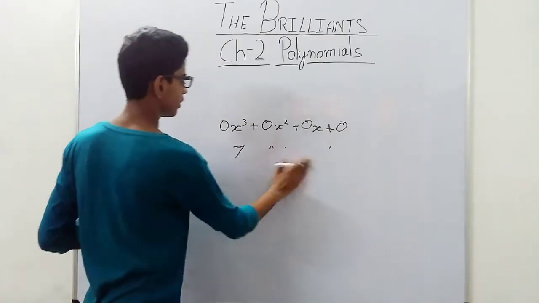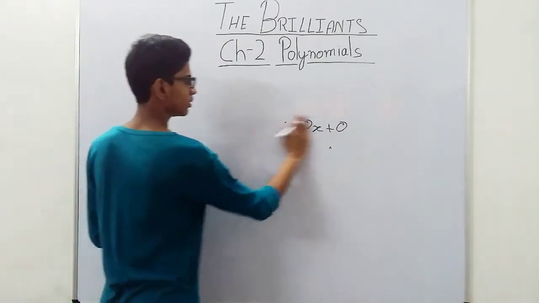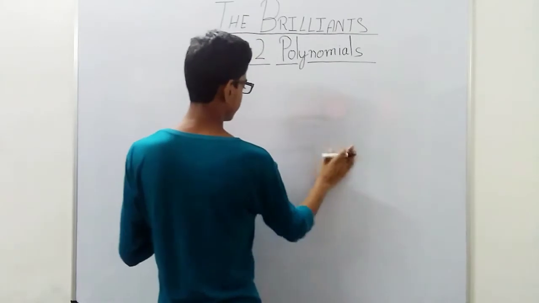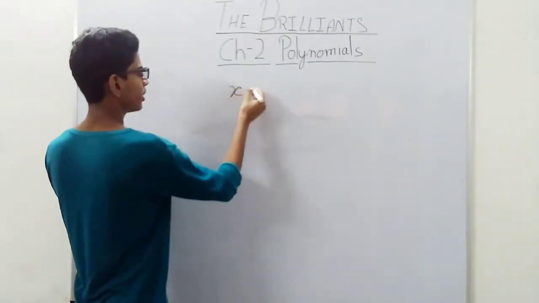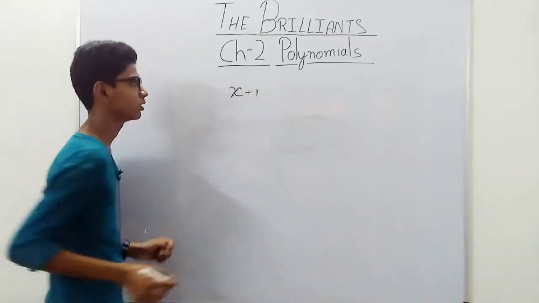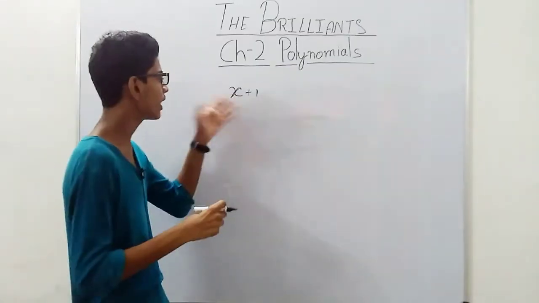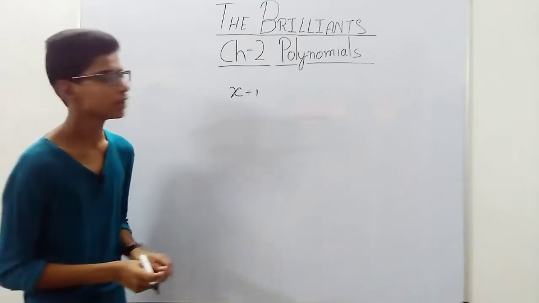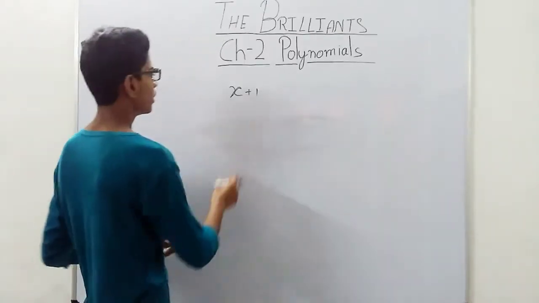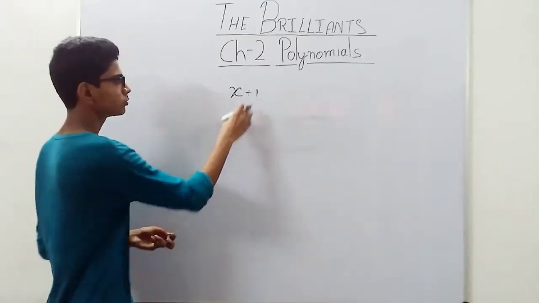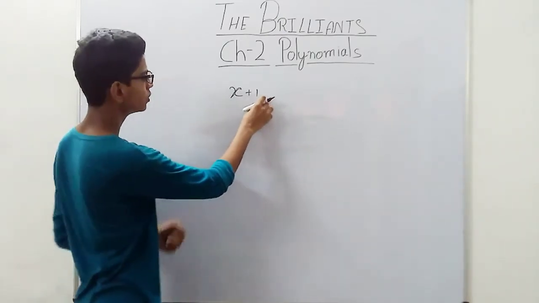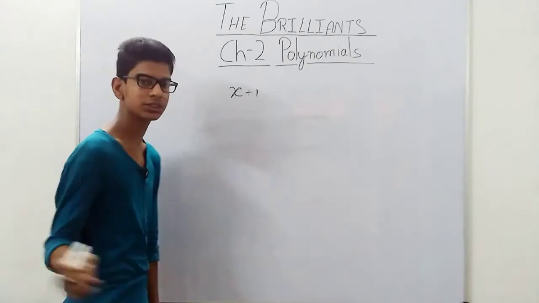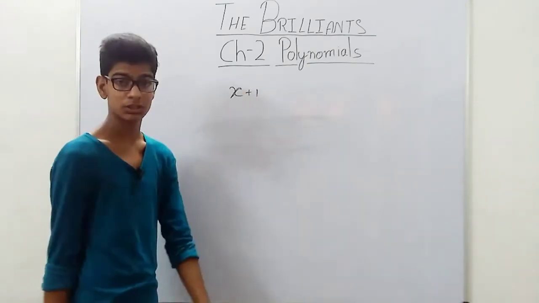Okay. Now if there is an equation x plus 1, how do we find the 0 of this equation? This is x and this is plus 1. If we want to make this equation 0, we have to subtract 1 from it.